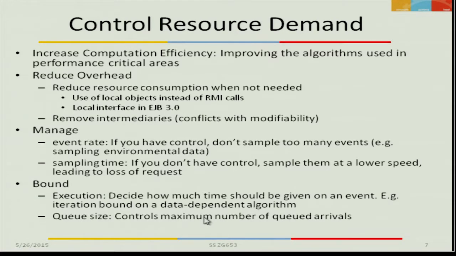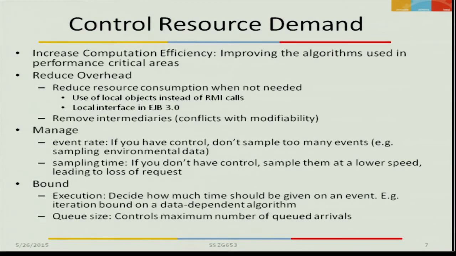Now, bound is basically that one can bound the execution time. This is a very common practice in many complex algorithms where the algorithm really does not terminate. It can go on forever. Those algorithms are typically approximation algorithms, which essentially try to find some optimal solution, and many times they are terminated based on a certain condition.